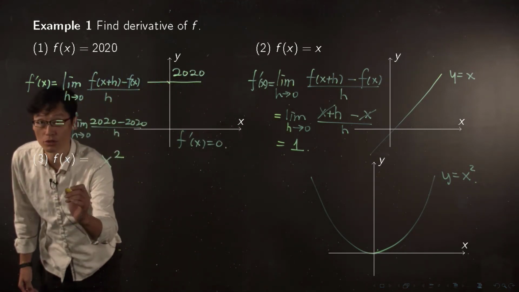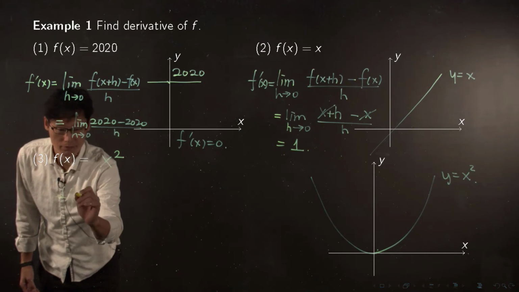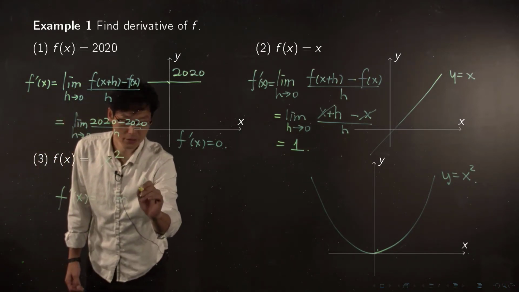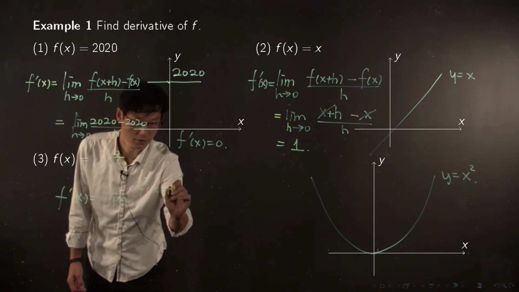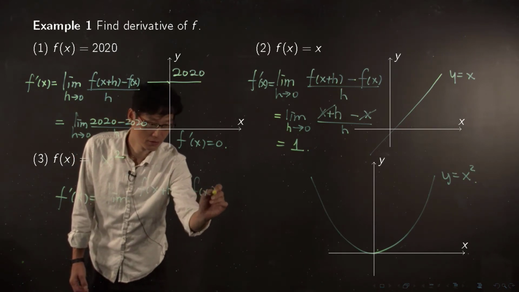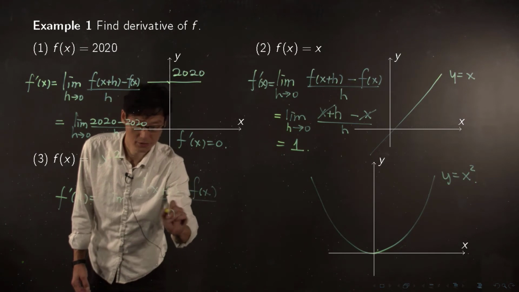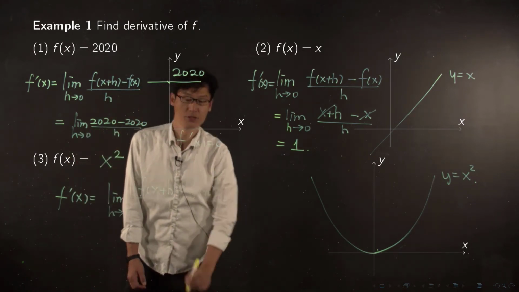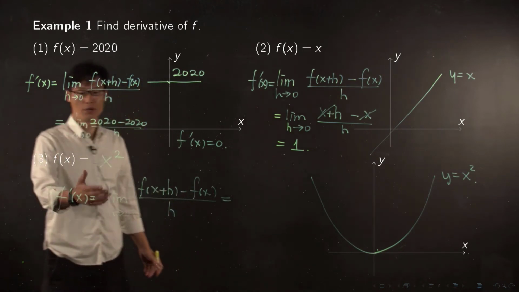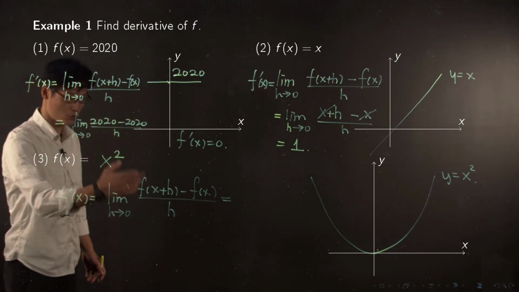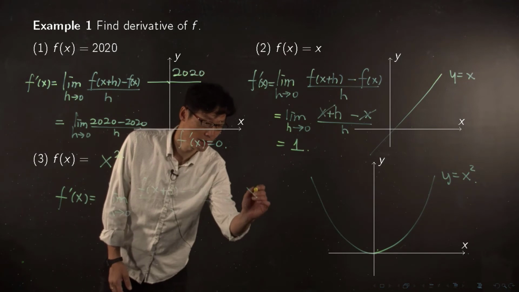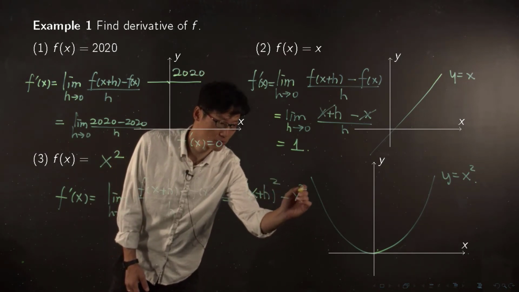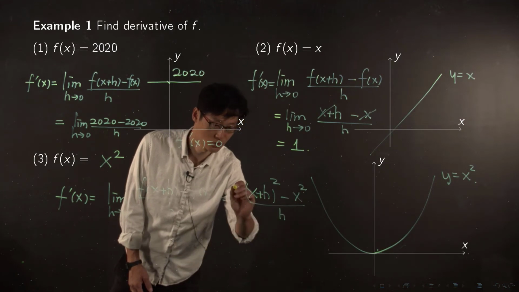So by definition, f prime is the limit... so f of whatever is whatever squared. So we have x plus h squared minus x squared over h.